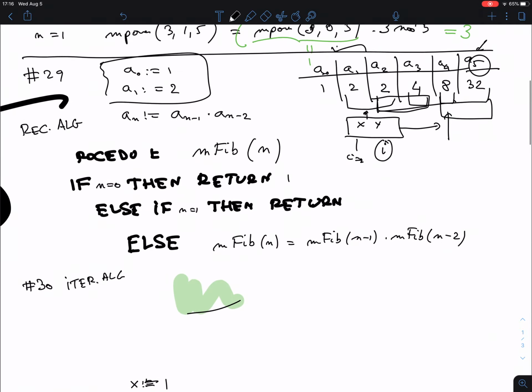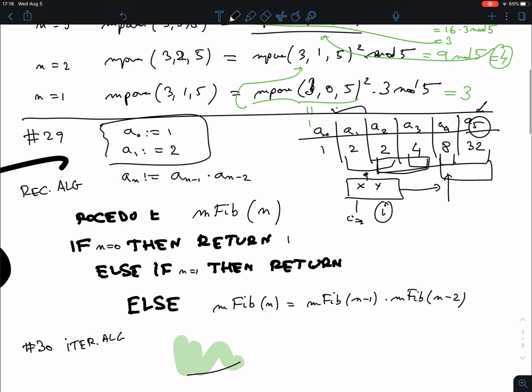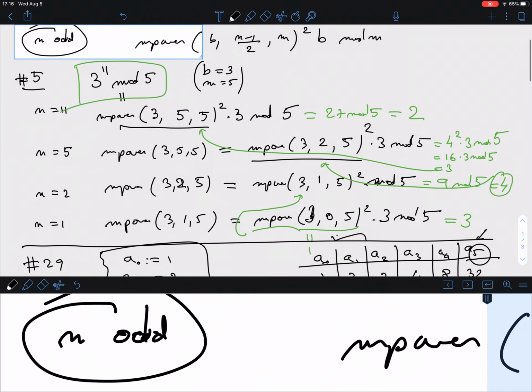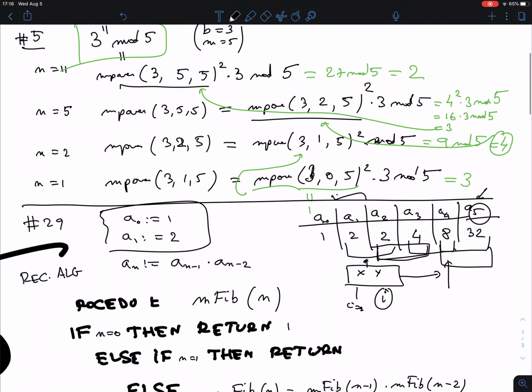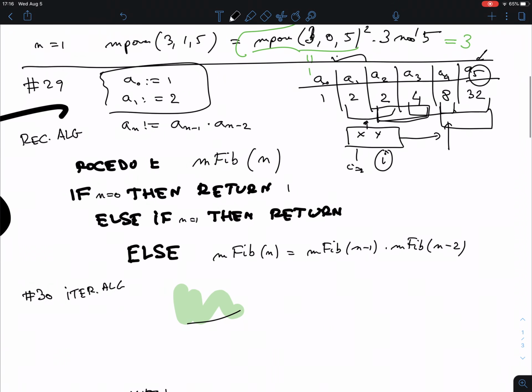Now what happens here, it's much worse. So imagine what A5 would do. For A5, if I do mfib5 here, I have to call mfib4 and mfib3.